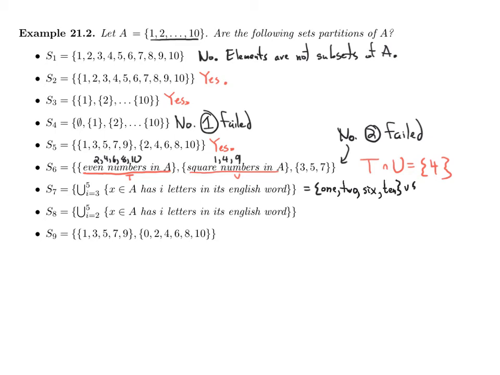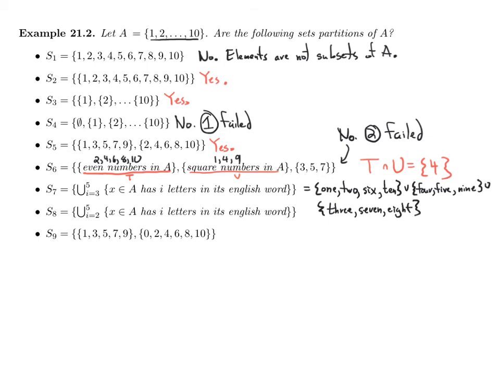Union, well, the ones with 4 letters, so 1, 2, 3, 4, 5, 6, 7, 8, 9, 10, and we'll union 1, 2, 3, 4, 5, 6, 7, 8, 9, 10.